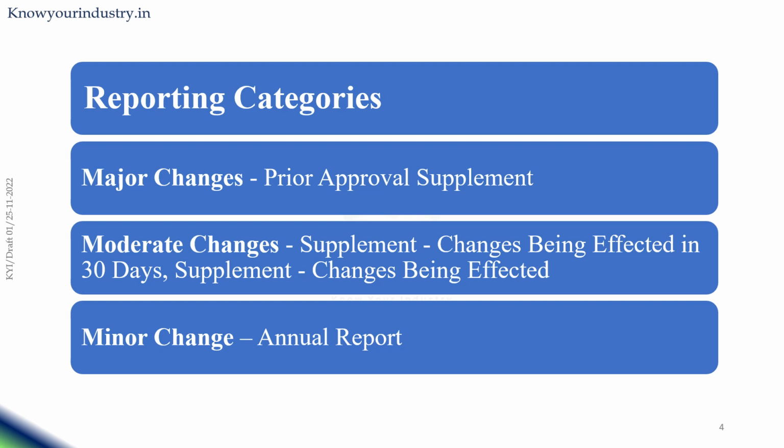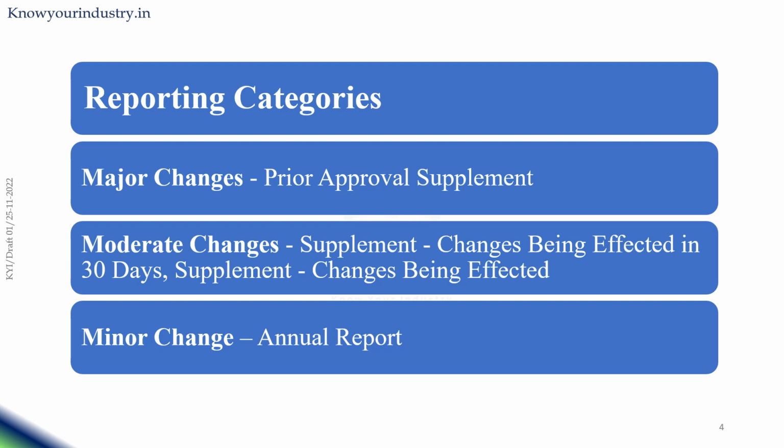A change that has a substantial potential to have an adverse effect on the identity, strength, quality, purity, or potency of the drug product, as these factors may relate to the safety or effectiveness of the drug product. A major change requires the submission of prior approval supplement and approval by FDA before distribution of the drug product made using the change.